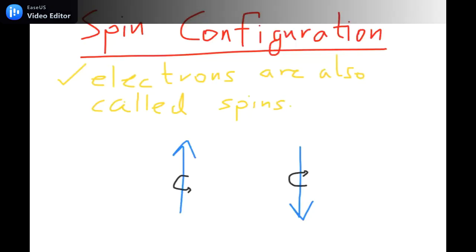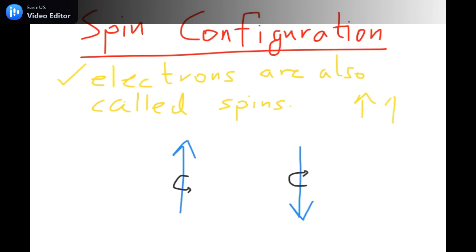Next is spin configuration. So according to spin, this topic tells us that electrons are also called spins, and spins are represented by an arrow, which can either be like this, or it can also be like this, like a half arrow or a full arrow. So there are two types of spins.